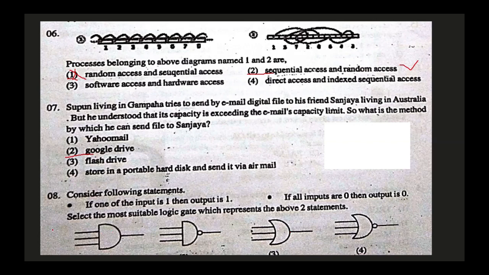Yes, when we consider all these three, if we have 1 input and 0, definitely this output is 0, because it is not the 1. So here, if all the inputs are 0, then output is 0.